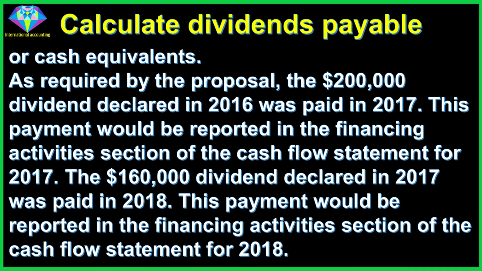As required, the $200,000 dividend declared in 2016 was paid in 2017. This payment would be reported in the financing activities section of the cash flow statement for 2017. The $160,000 dividend declared in 2017 was paid in 2018. This payment would be reported in the financing activities section for 2018.